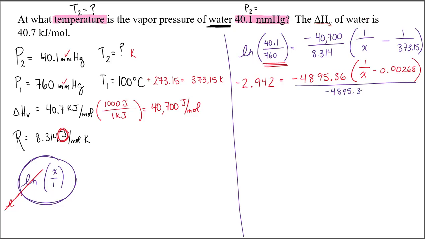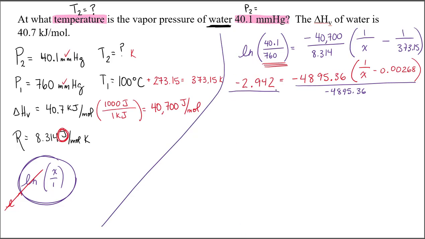We're going to get rid of it by dividing both sides by negative 4,895.36. So negative 2.942 divided by negative 4,895.36 gives me 6.00977 times 10 to the negative fourth equals 1 over x minus 0.00268.